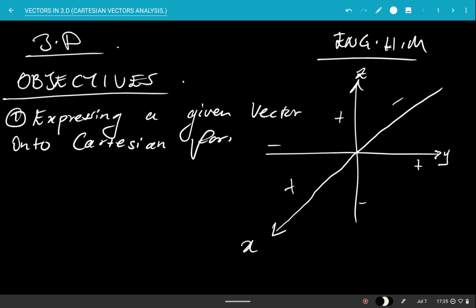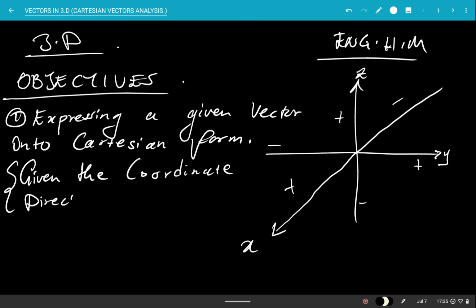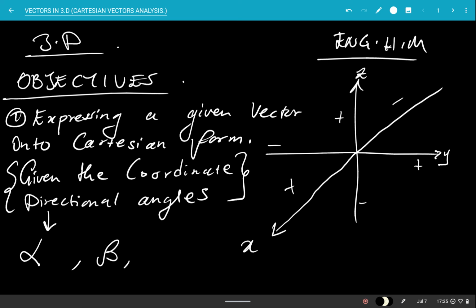Now, when you say Cartesian form, it means that we're trying to express the vector given as a Cartesian vector. But in this case, we need to do this if we're being given the coordinate directional angles. Now, when I say coordinate directional angles, I'm talking about alpha, beta, and lastly, gamma.